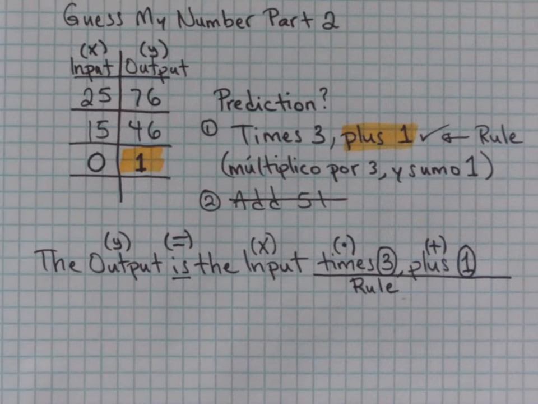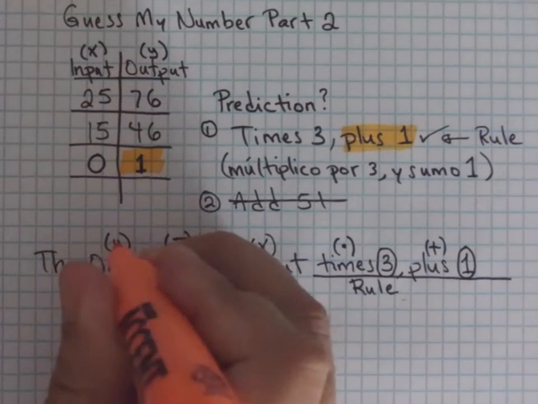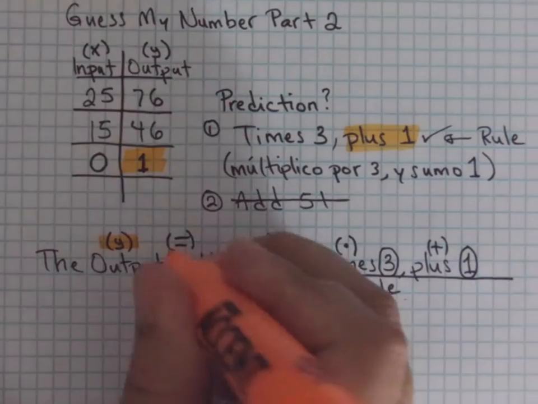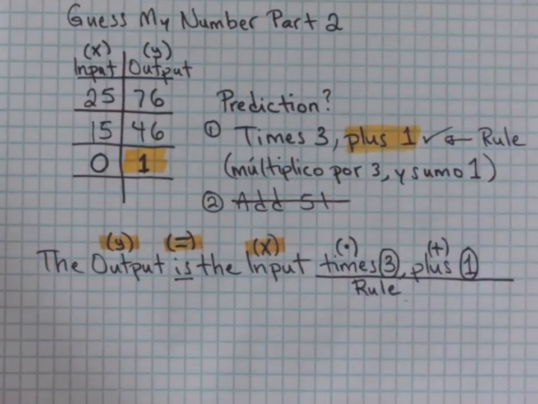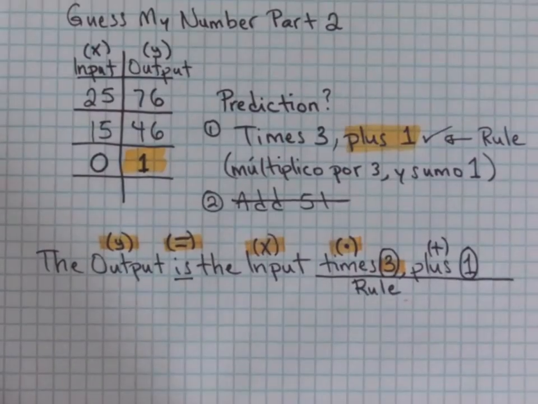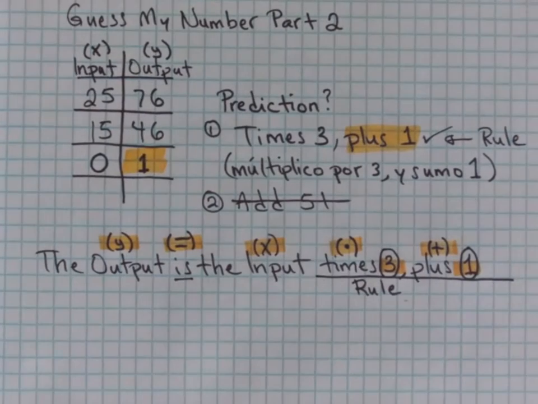So the first thing I see, the output is the input times 3 plus 1. Yo leo la frase y eso me da mi regla, me da mi ecuación, más bien dicho.